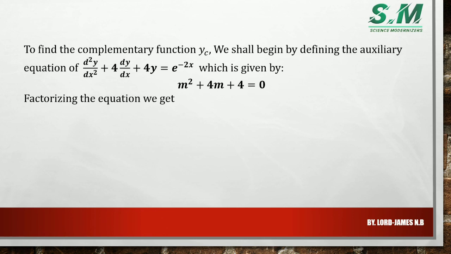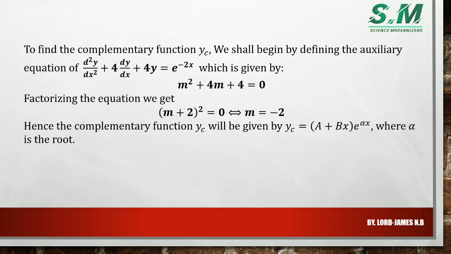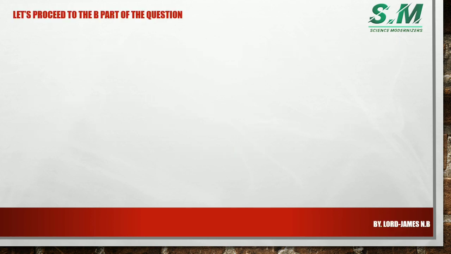If you factorize, we get m plus 2 all squared equal to 0, if and only if m is equal to negative 2. Hence the complementary function yc will be given by a plus bx e to the alpha x, as seen in the previous case. So yc in this case will be a plus bx times e raised to negative 2x.